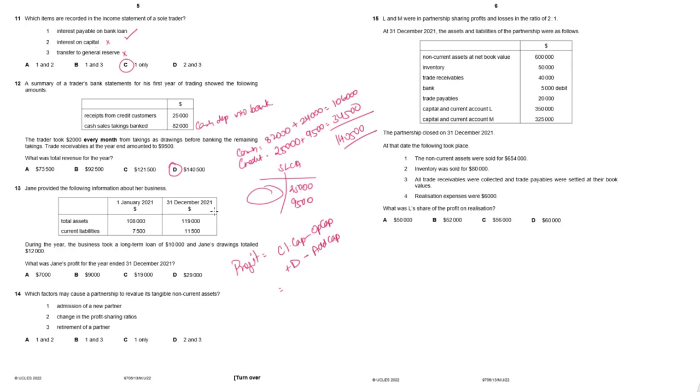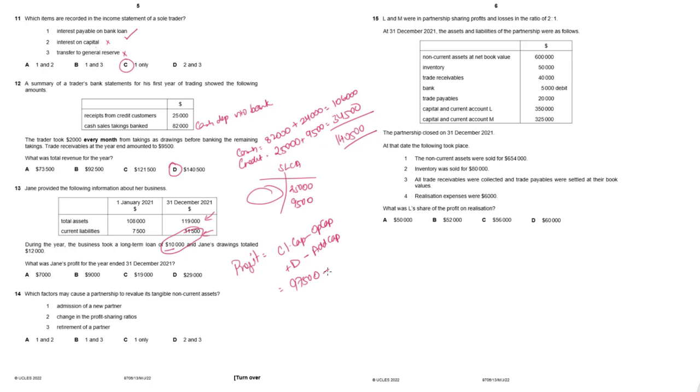Total assets are given, 119,000, but for total liabilities, current liabilities given is 11,500, and the long-term loan that was taken during the year, 10,000, is given separately. So for total liabilities, we'll have to add these two amounts. That makes it 21,500. So the capital will be 119,000 minus 21,500, 97,500 is the closing capital.